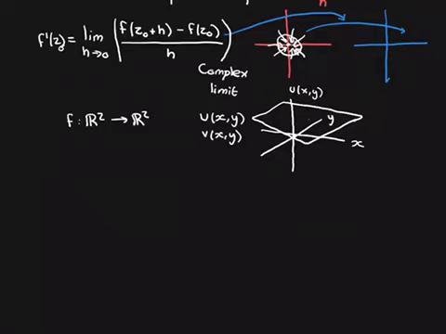And then when we differentiate this function, we do a partial derivative, and what that looks at is it says we'll add a tiny little amount to the x component if we take the partial derivative in the x direction, and we'll measure the difference in the u function, and we'll divide that difference by how much we changed the x variable. And we'll take the limit as h approaches 0.